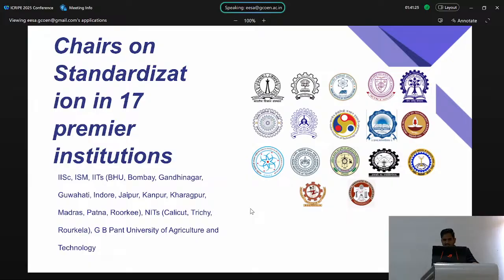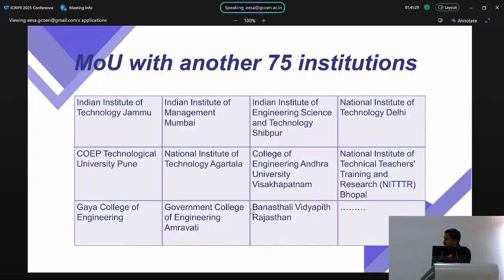Apart from this, we have currently signed MoUs with 75 different institutions, and one of them is your college. These different colleges from our country are involved in this memorandum of understanding. And through MoUs, what are the activities that we are carrying out? I will explain in brief.